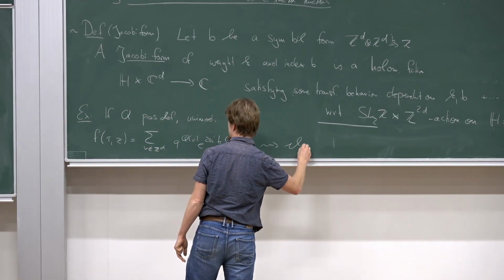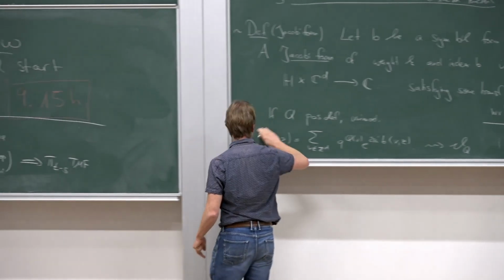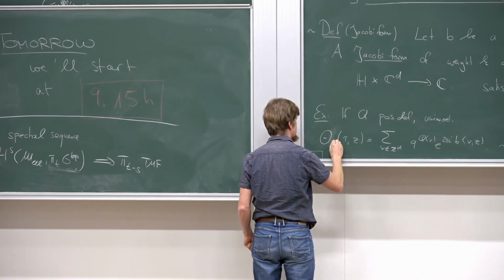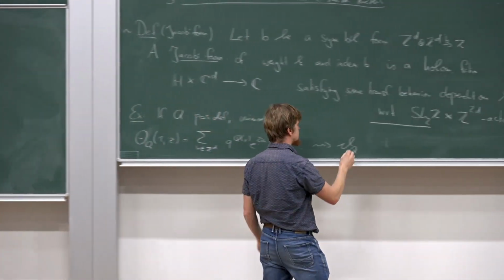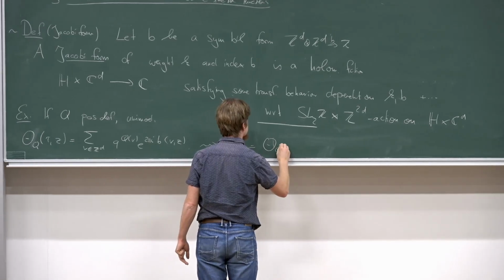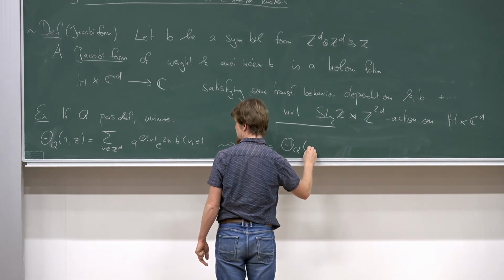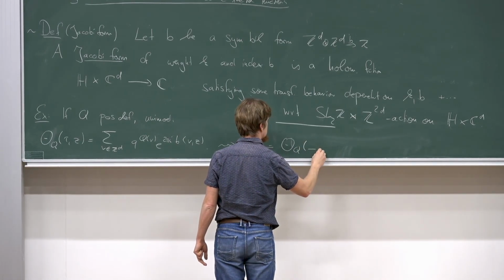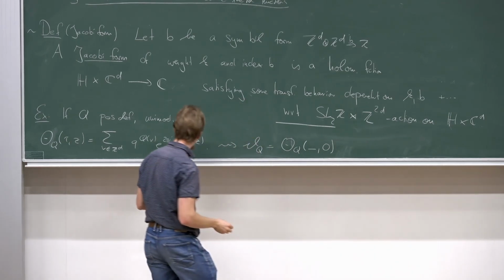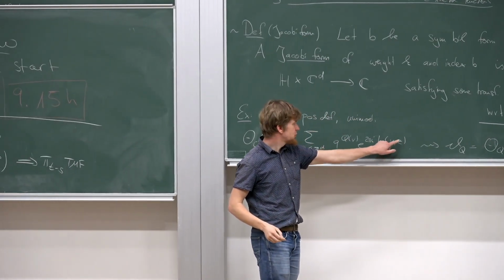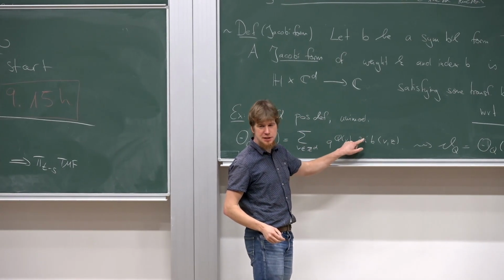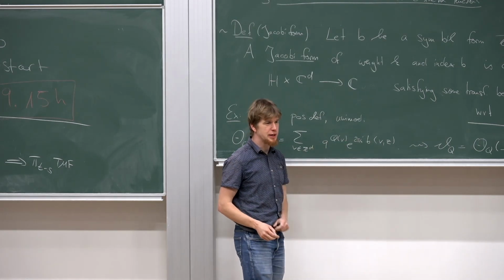So theta Q, sorry, I didn't want to call it F, I want to call it capital Theta Q, is just, so I plug in 0 here for z, this term becomes 0, so e to this becomes 1, so I just have the old guy.